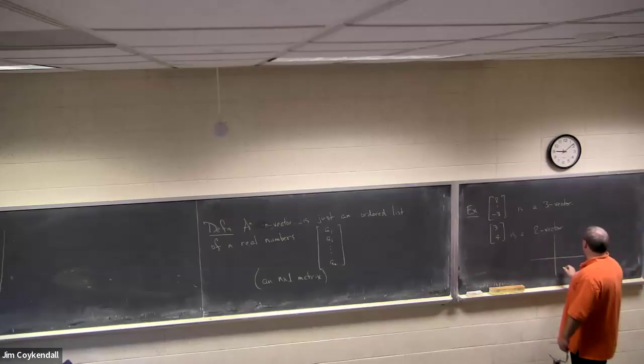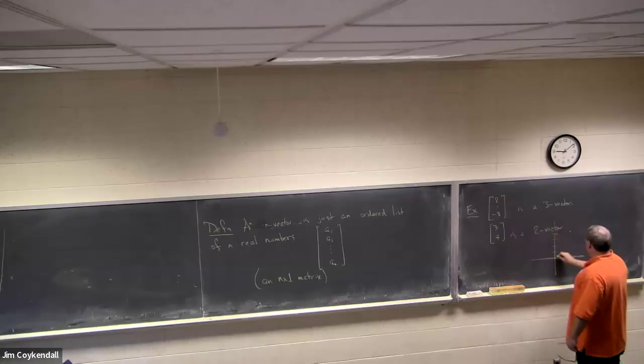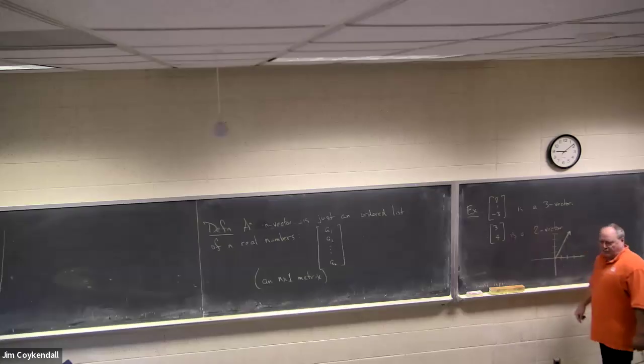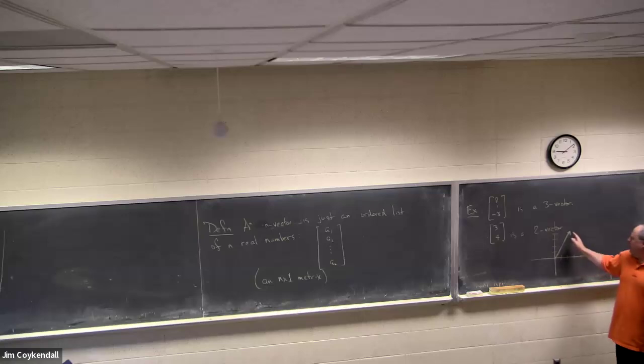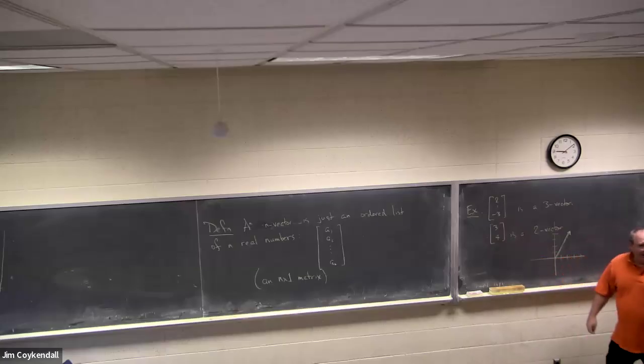Let's see if I can do this right. Over 3, up 4. Physicists love to do this, writing the vector as an arrow. But really the key thing is the head of this is at the point x equals 3, y equals 4.